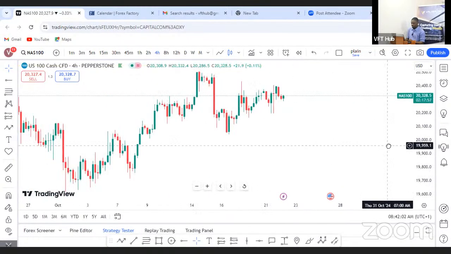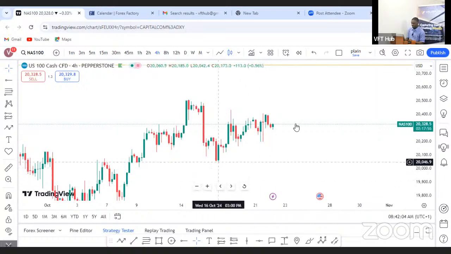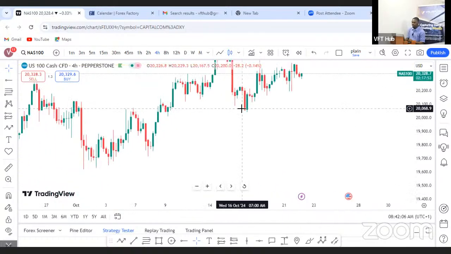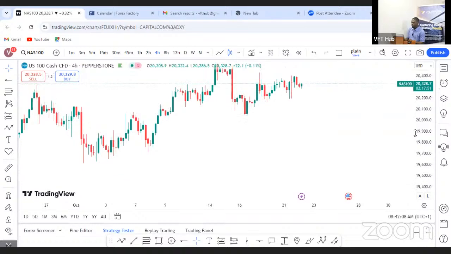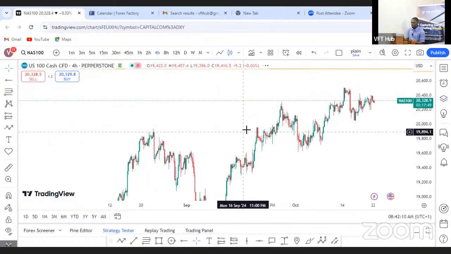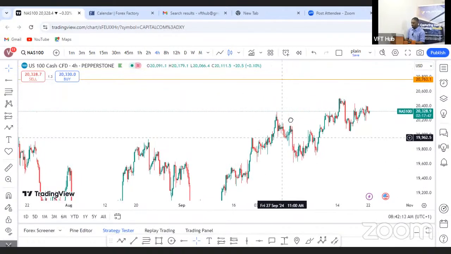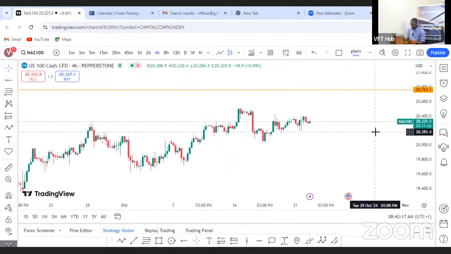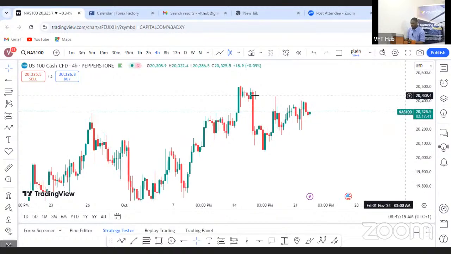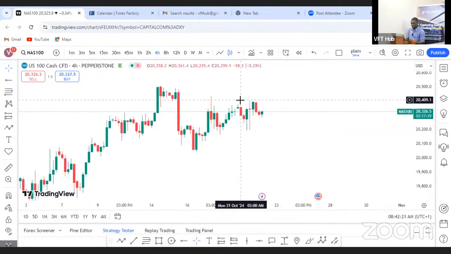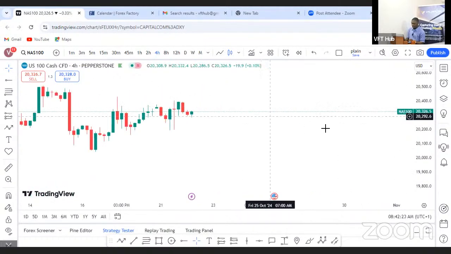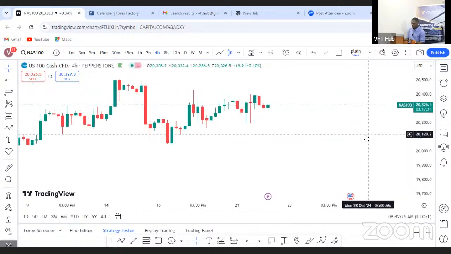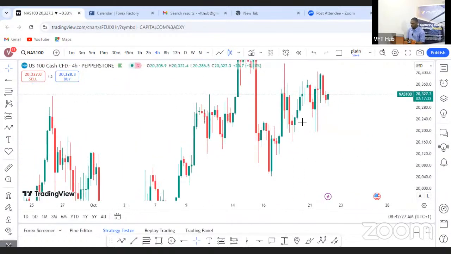People that trade channels will say this is like a channel or trend line, right? Price is following a trend line, which most likely will be invalidated before we now see a major push to the downside. So on the daily time frame, on the 4 hour time frame on Nasdaq, nothing really clear because of this price action I'm seeing.